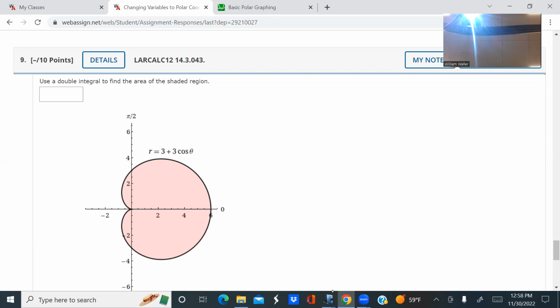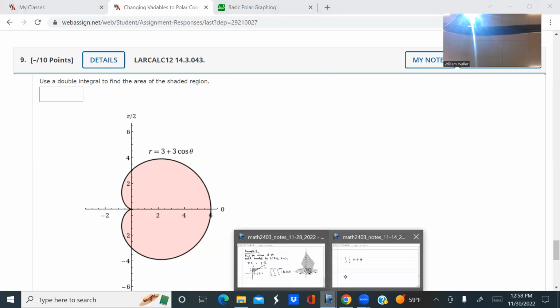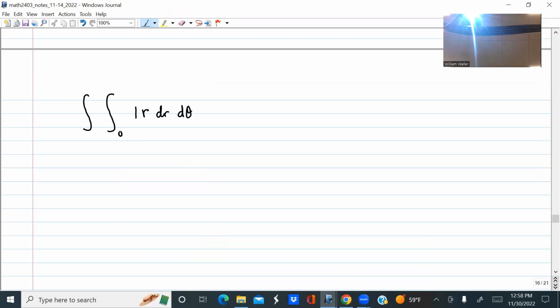So r is going to be between 0 and 3 plus 3 cosine theta.